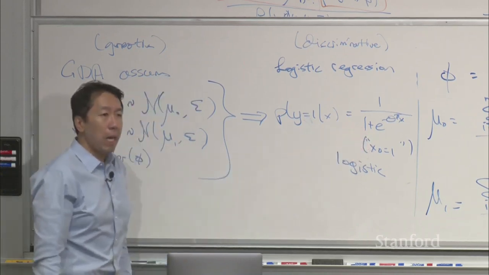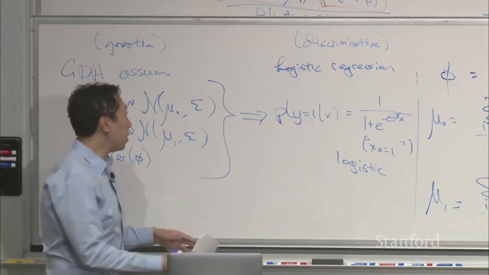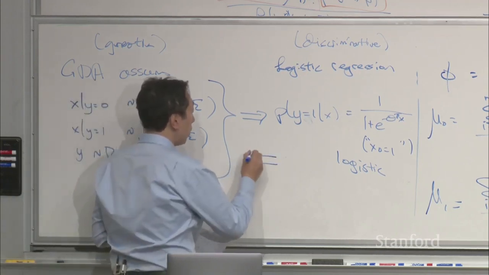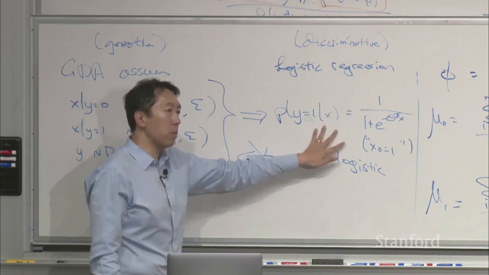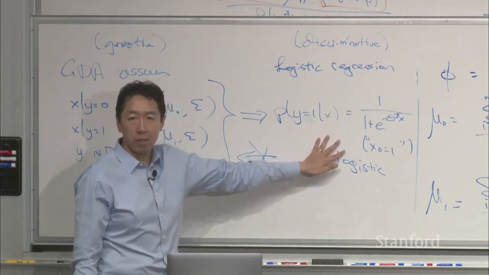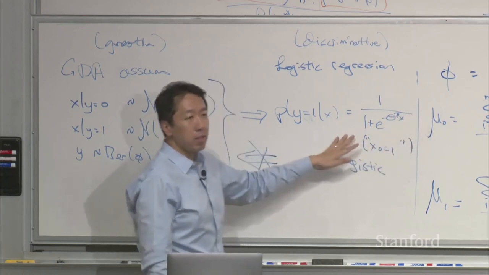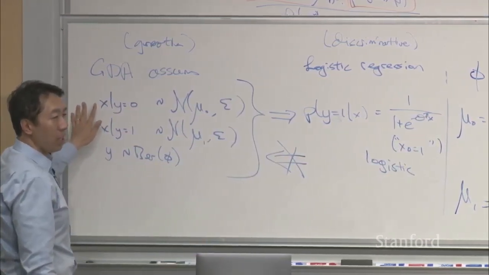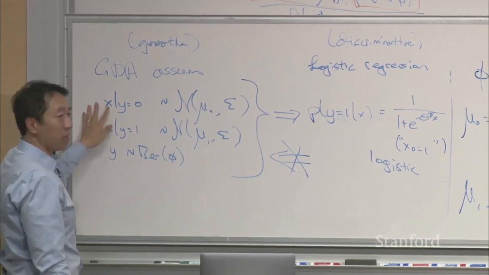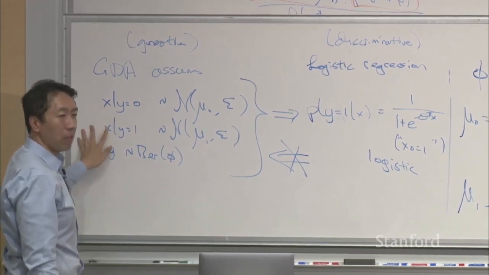But it turns out that the implication in the opposite direction is not true, right? So if you assume P of y equals 1 given x is governed by a logistic function, by this shape, this does not in any way, shape, or form assume that x given y equals 0 is Gaussian, x given y equals 1 is Gaussian.